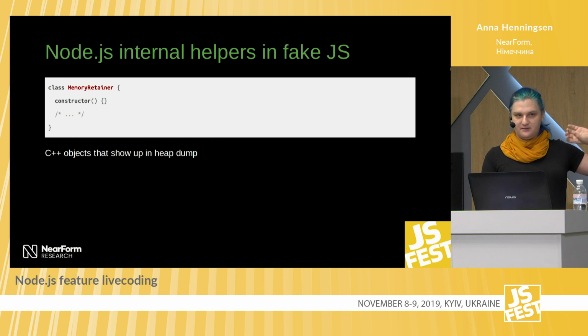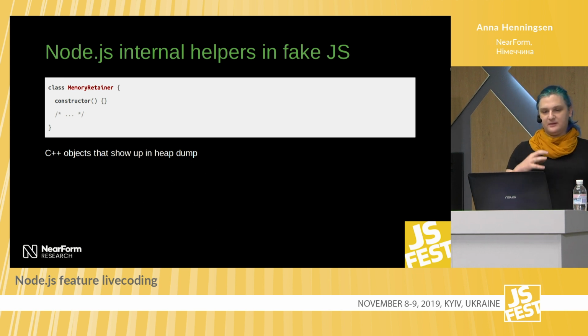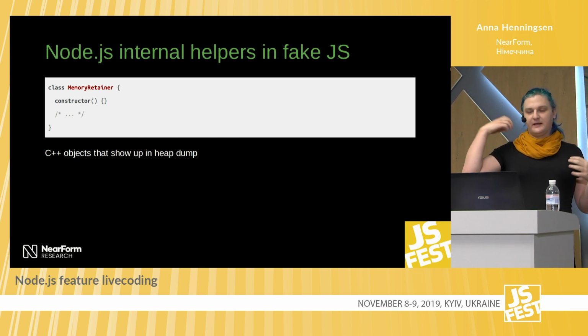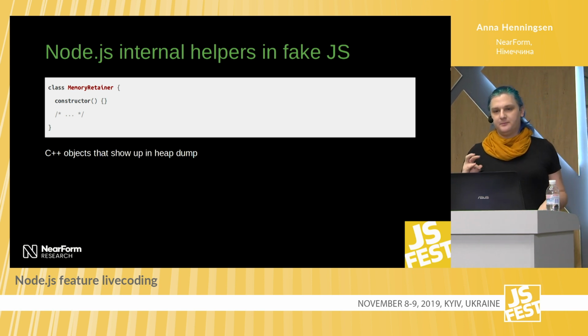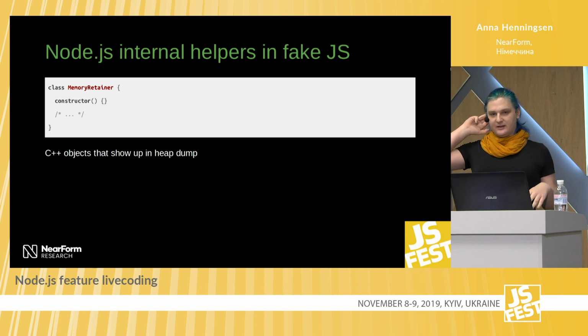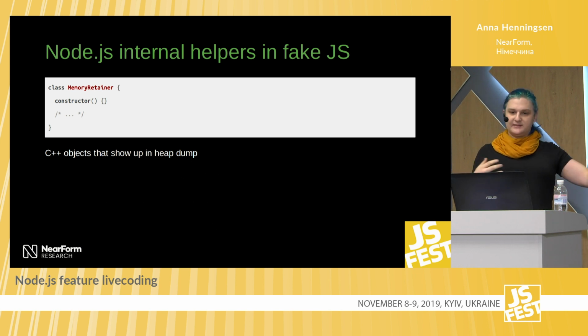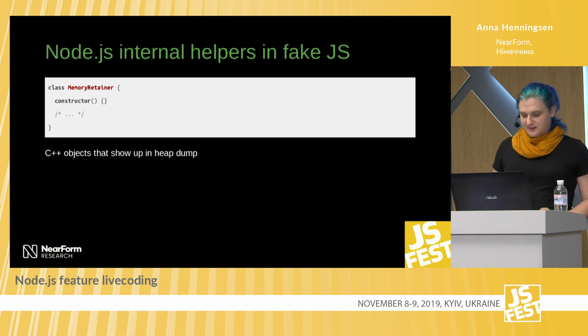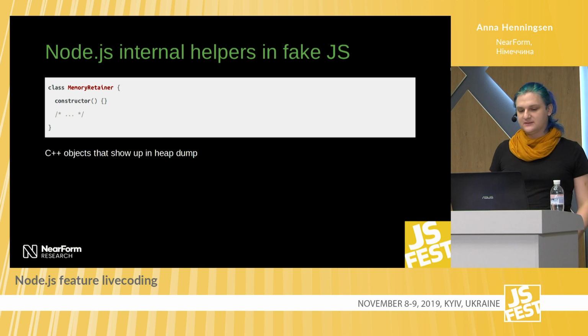If you've ever used the Chrome DevTools heap dump feature, I'll show you later, you can pretty easily use that to figure out where your memory is being used. And this memory tracker class helps us inform the inspector or the Chrome DevTools how our internal C++ classes refer to each other or use memory.